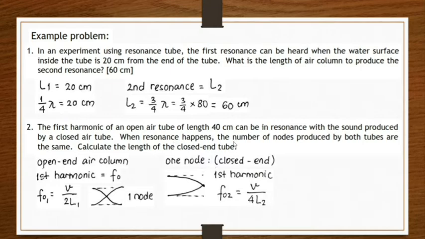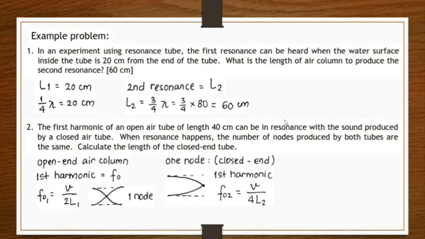Because here the number of nodes produced by both tubes are the same, so we have one node here and also one node there. So we have the fundamental or first harmonic here for the open end air column, and also the first harmonic for the closed end air column.